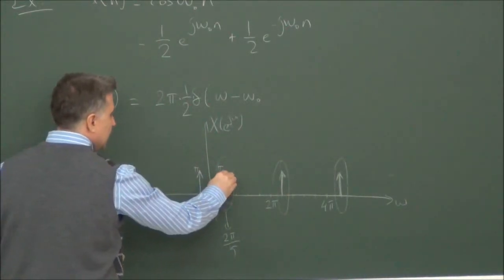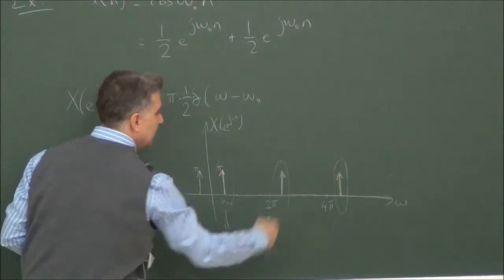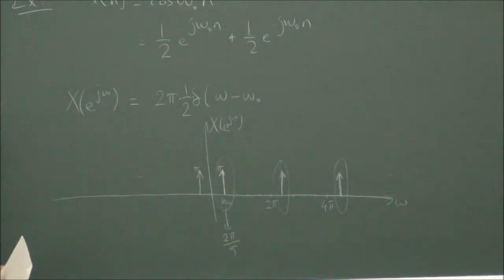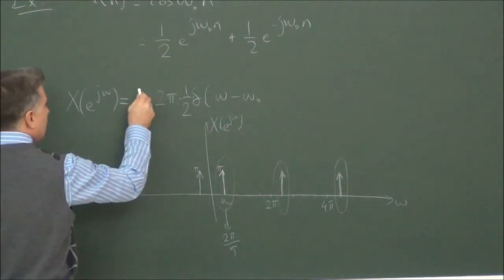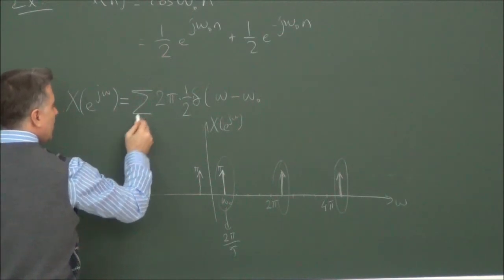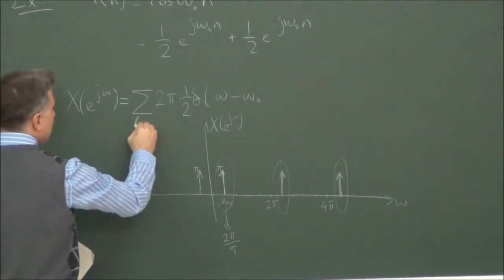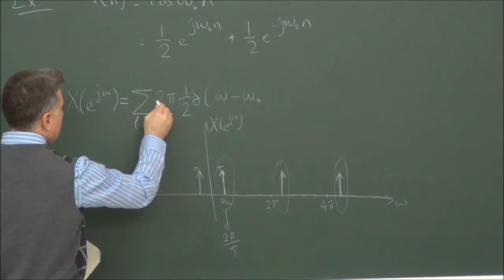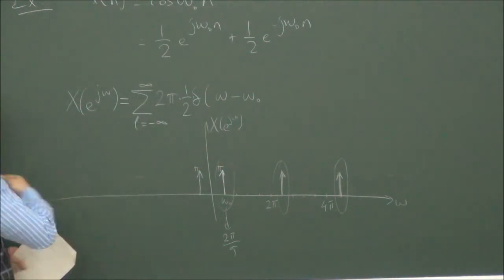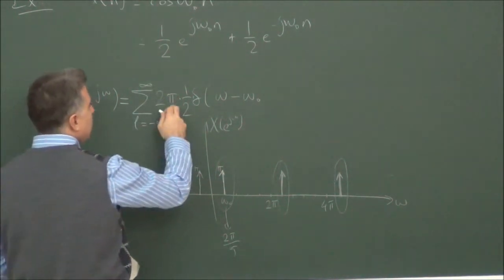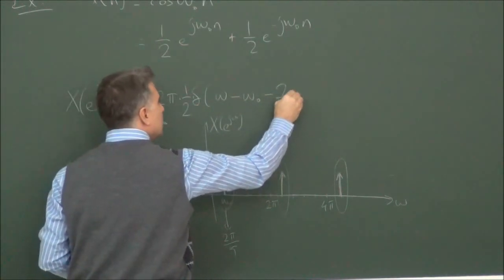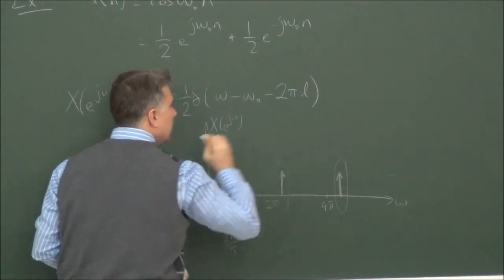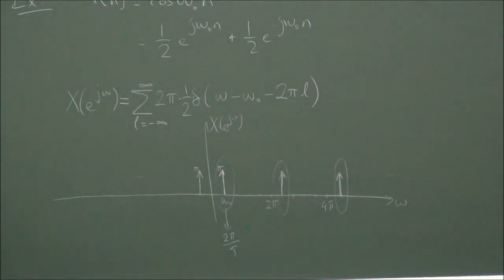How can I indicate the repetition of these impulses? By making it a summation. Let's assume that the summation is over L. It's an infinite summation towards the right and towards the left. And we have pi times delta omega minus omega 0 minus 2 pi L. This is what you have to write.